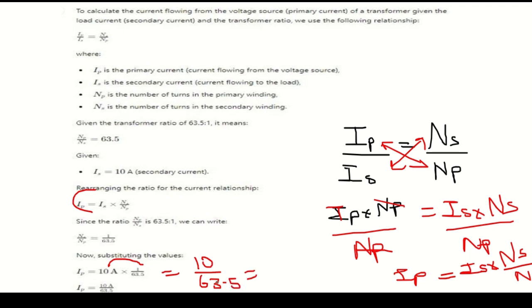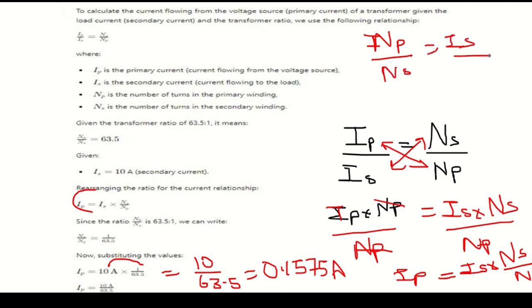When we divide 10 by 63.5, we get 0.1575 amps. So whether you use the formula NP over NS is equal to IS over IP, your answer will work out to be the same.